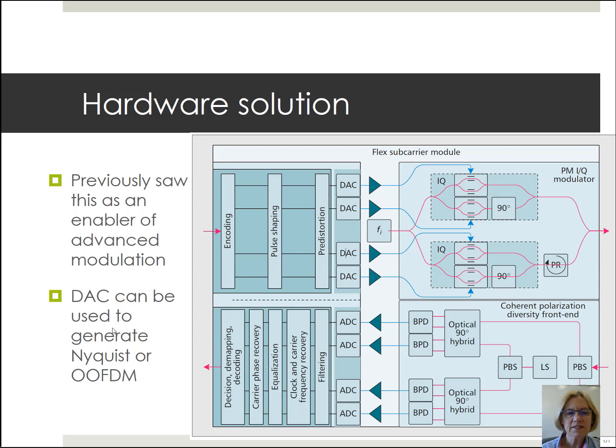So we can see that this hardware solution is exactly the same if I said, what do I need in order to have a Nyquist or OFDM generation for the flexibility in the elastic optical network.